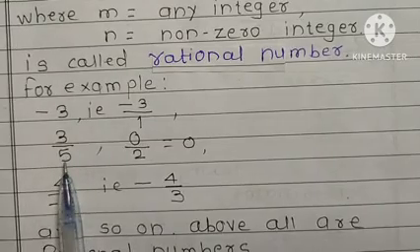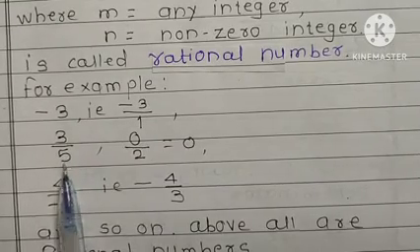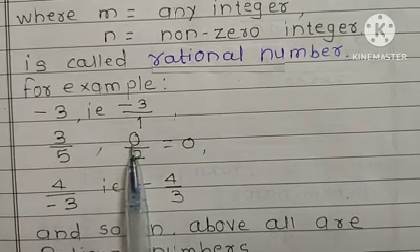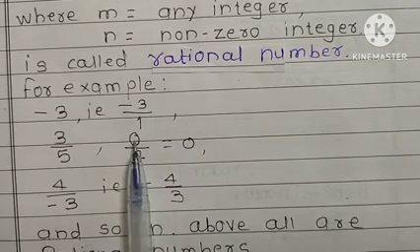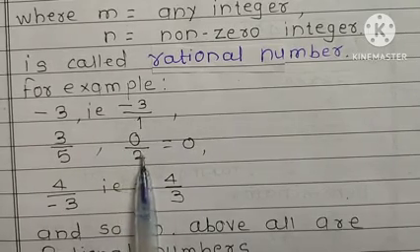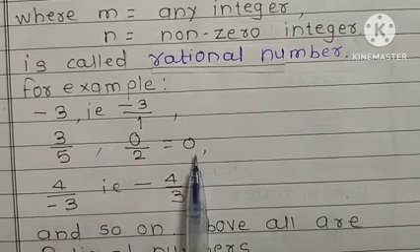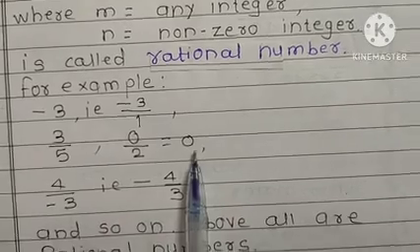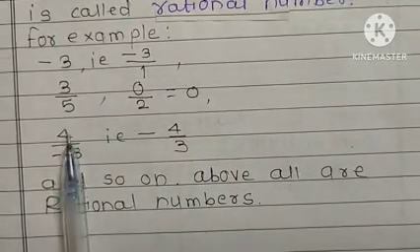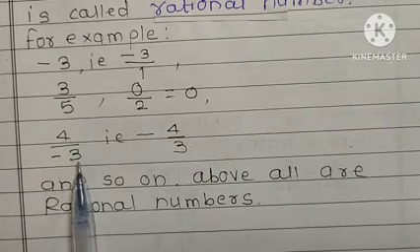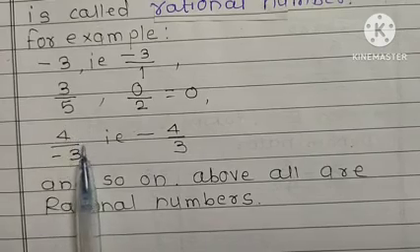Then 3 by 5 is also a rational number. This 0 by 2, that means 0 in the numerator and any integer in the denominator, 0 upon 2 is a rational number. Now 4 upon minus 3 is in the form of m by n, therefore this is a rational number.